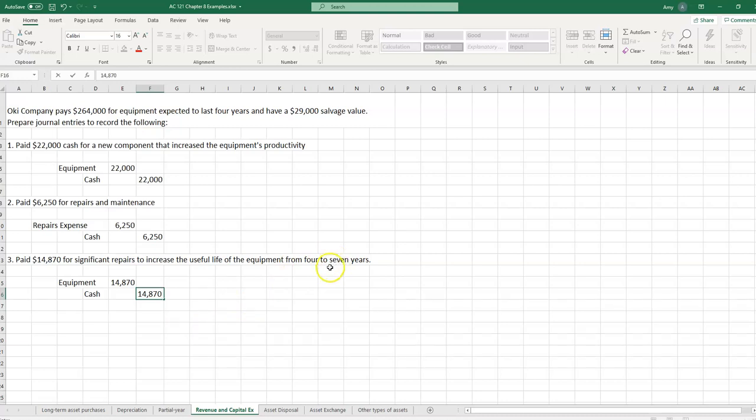Now let's look at this, that we increase the useful life of the equipment. So we need to redo our depreciation expense because now instead of a 4-year useful life, it has a 7-year useful life. So let's imagine that we made this change during year 2. So we have our equipment account and our accumulated depreciation equipment.